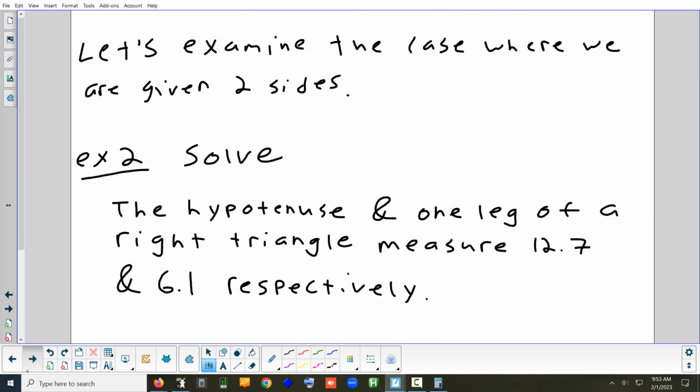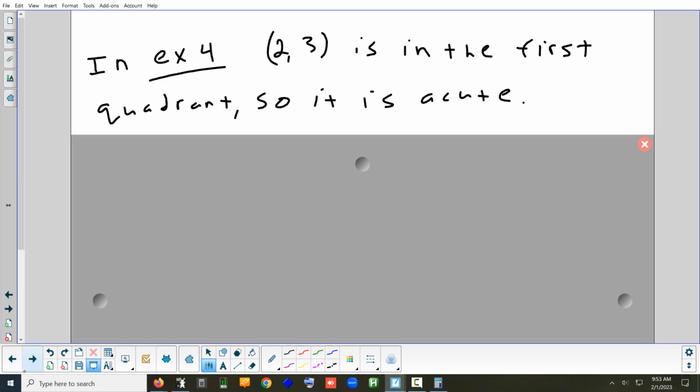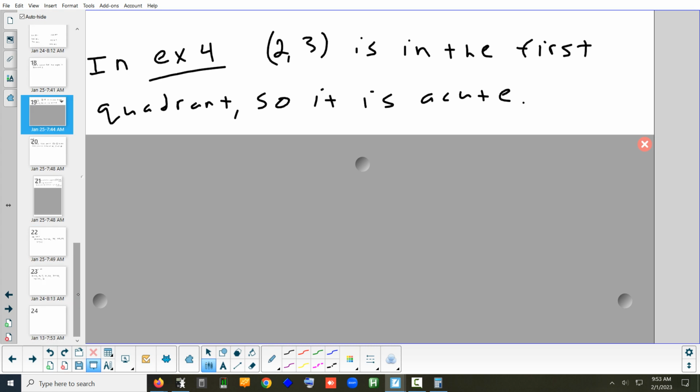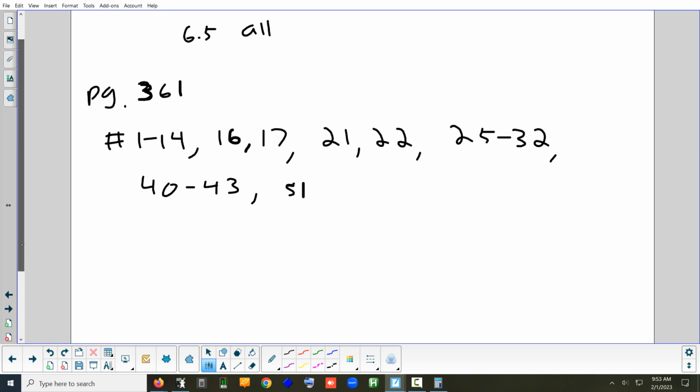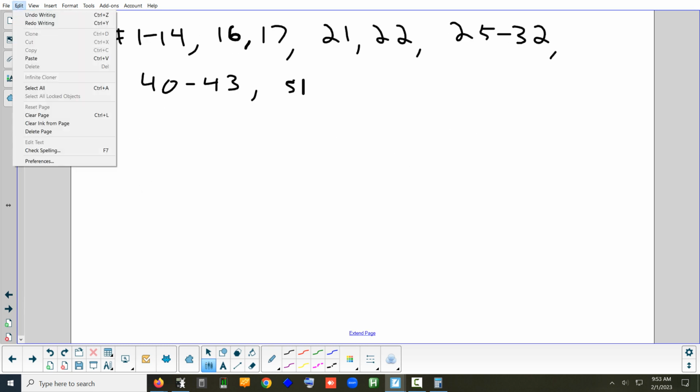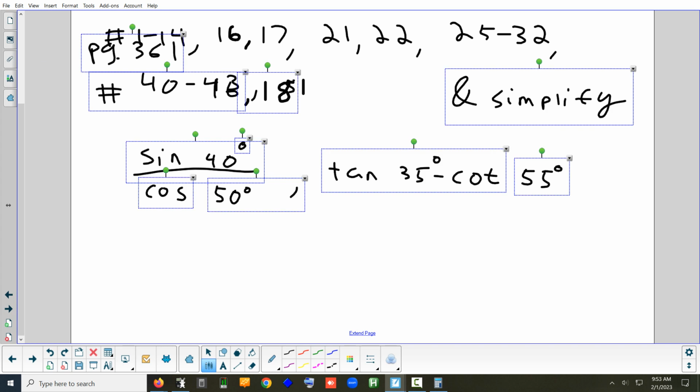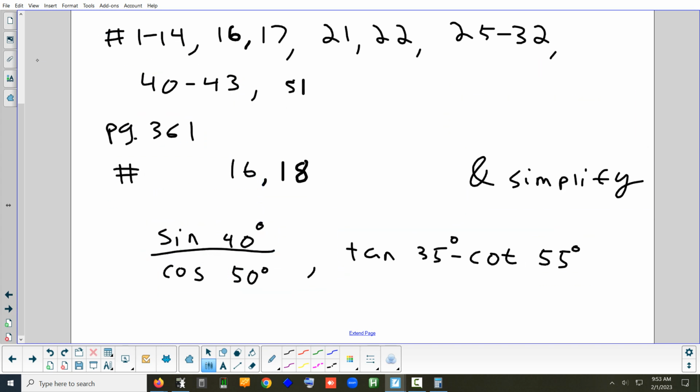Okay, so let me just fix this. Alright, so we got page 361, 16 to 18.